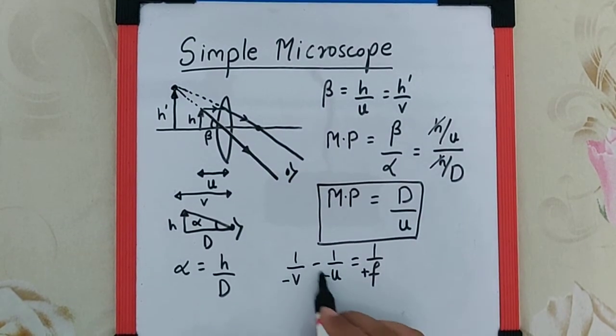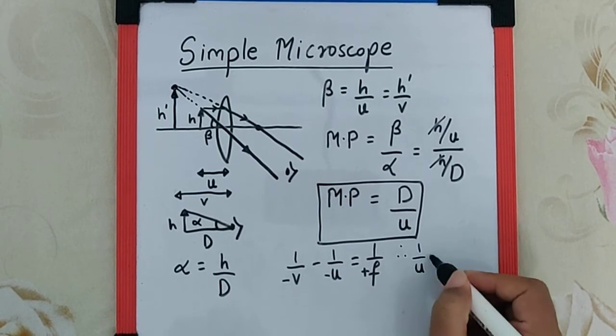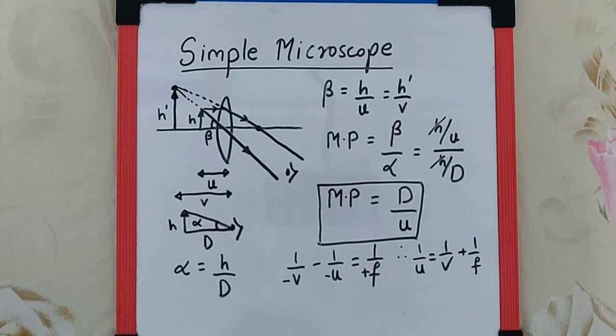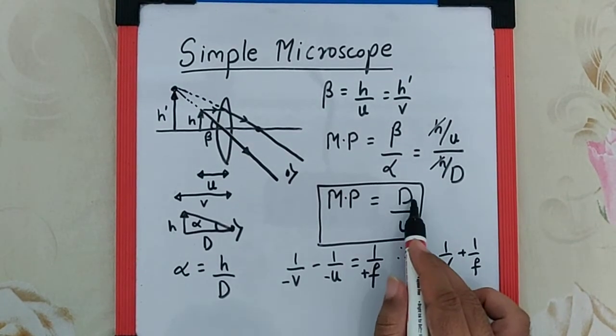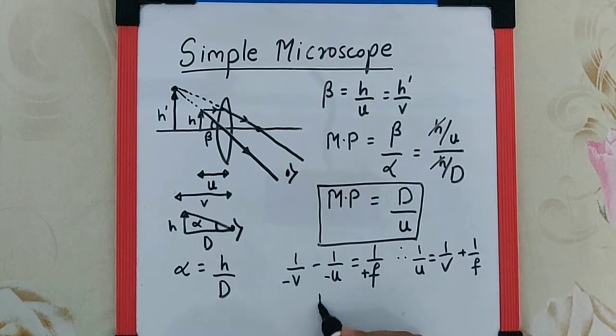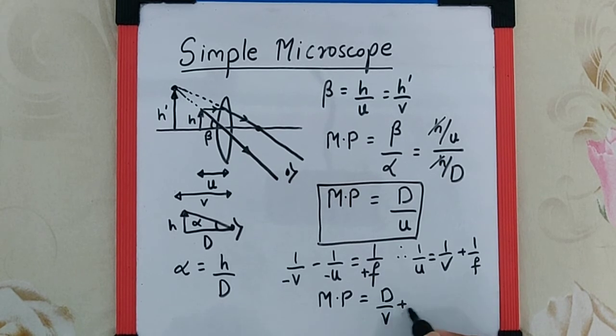That makes this plus, and if we take it on the other side, we get 1 by u as 1 by v plus 1 by f. Now if we substitute d into 1 by u as 1 by v plus 1 by f, we get the magnifying power as d by v plus d by f.